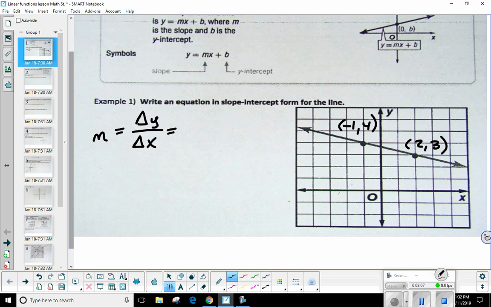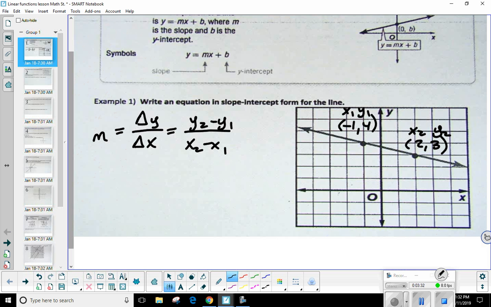I mean, what is the formula? Okay, Spencer's absolutely correct. Y2 minus Y1 over X2 minus X1. And it does not matter which point you label as the 1s and which one is the 2s. If we say this is X1, Y1, then this would be X2, Y2. It's just the difference of the y's over the difference of the x's, and there we go.